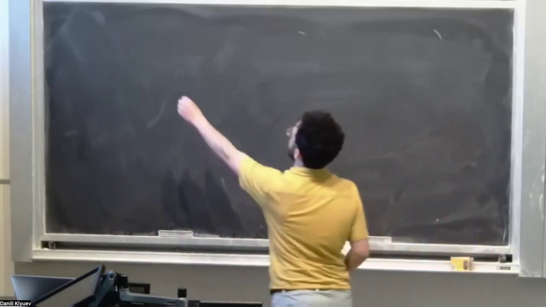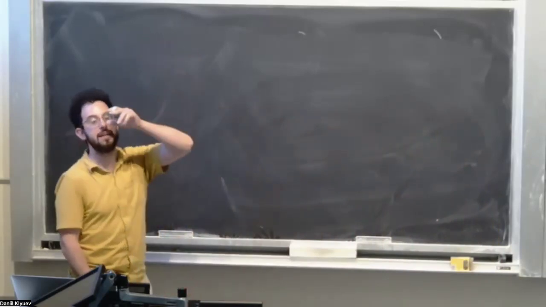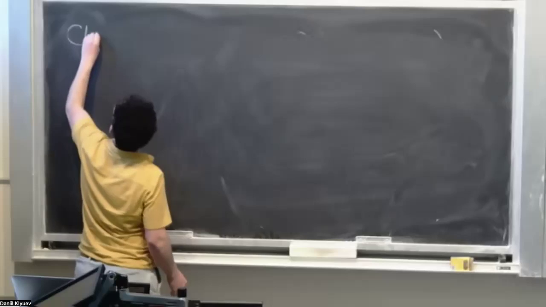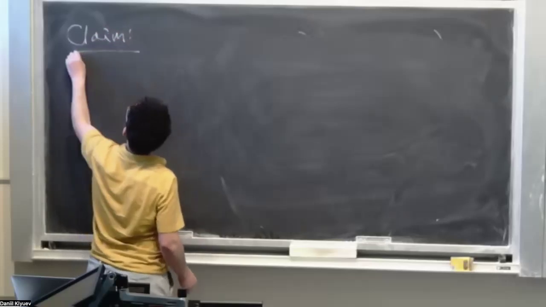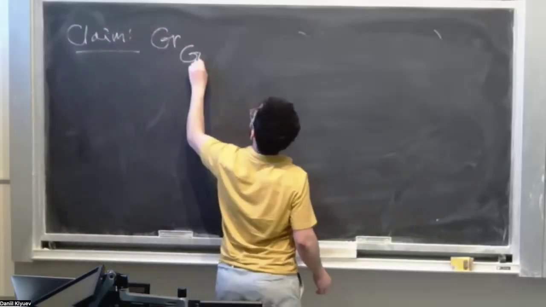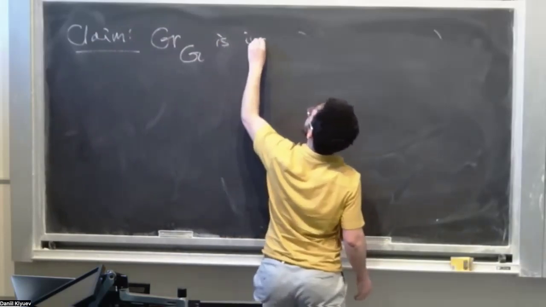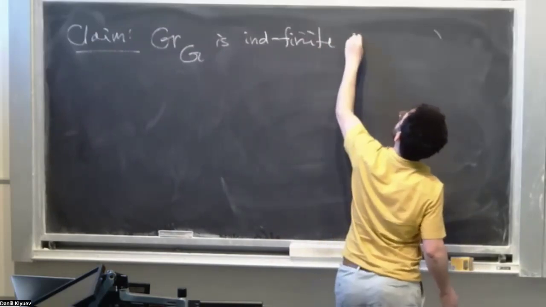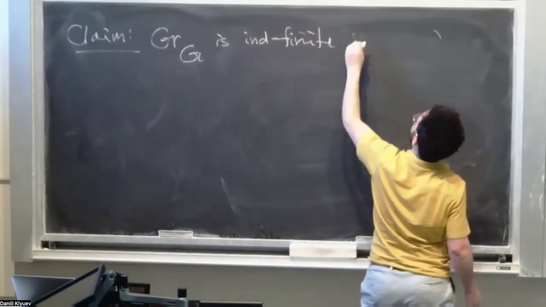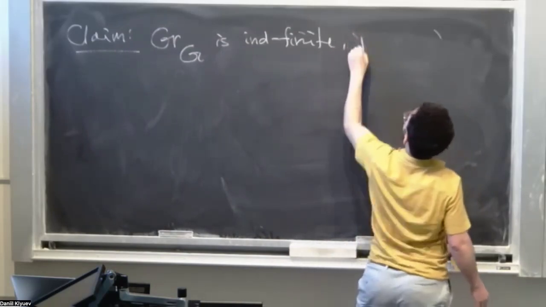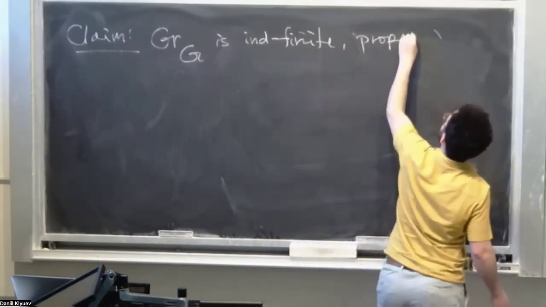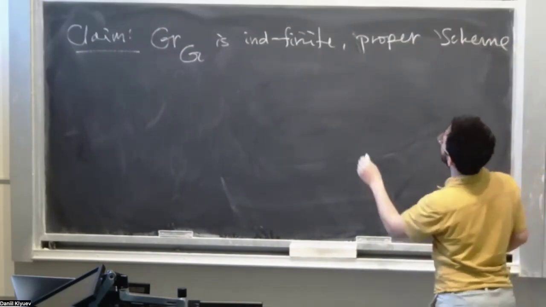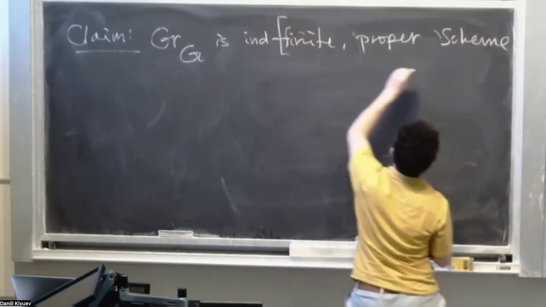Okay, and then a statement that I'm not going to prove, but can be seen from what we've already seen. Claim: the affine Grassmannian is an ind-proper ind-scheme.